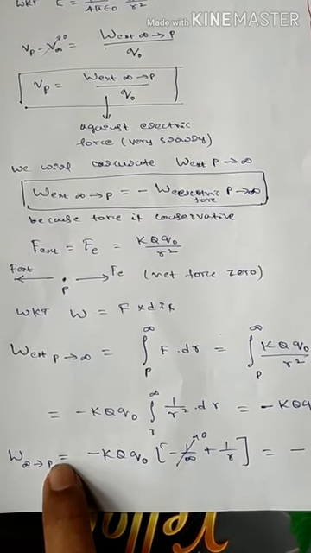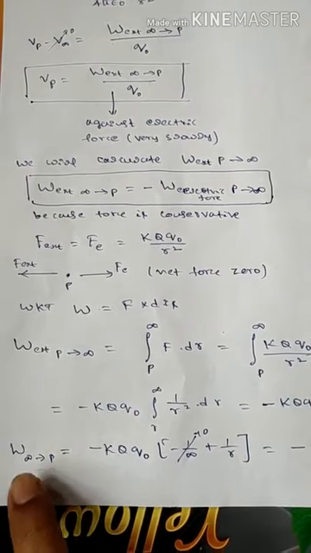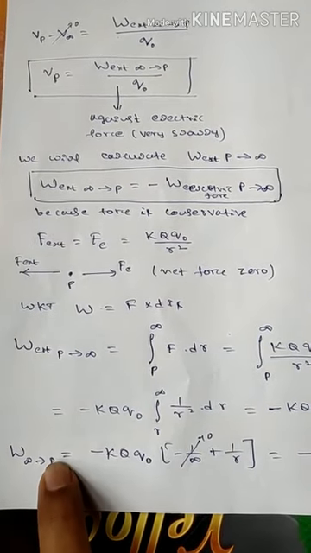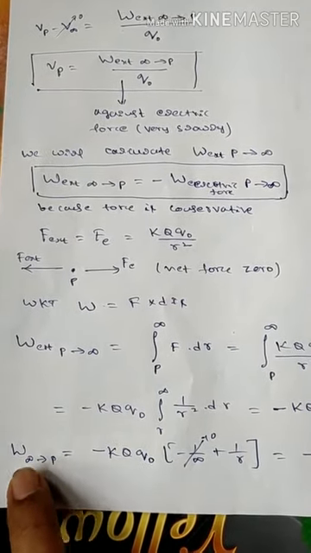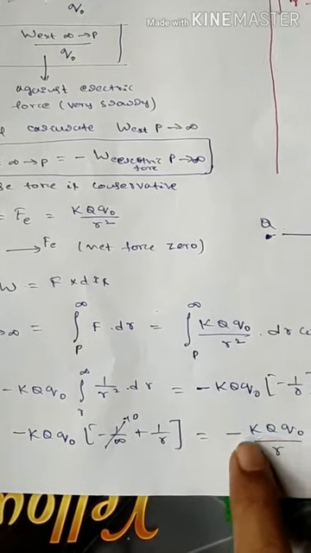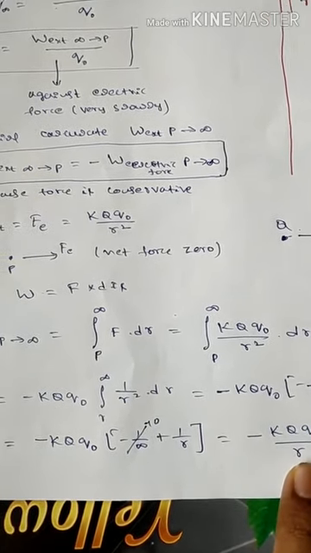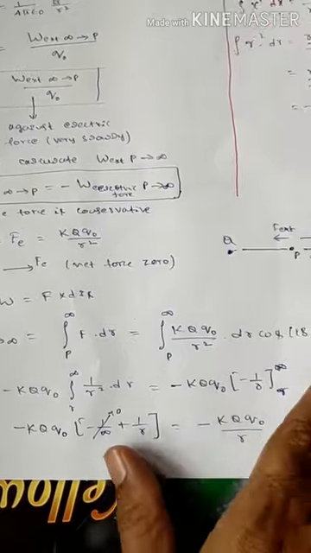This is the work done from infinity to point P. Bringing the test charge from infinity to point P, some work is needed. How much work is needed? That is minus k q q naught divided by r.